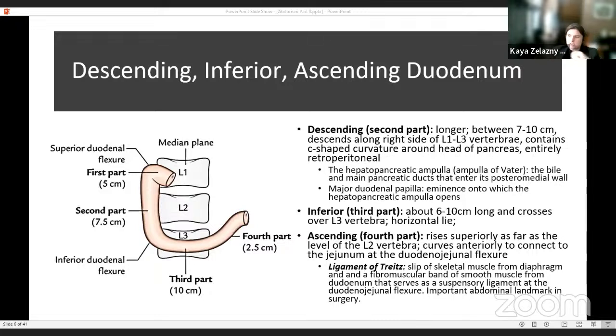And this is going to suspend that flexure between the duodenum and the jejunum. So that transition point is going to be marked by this ligament, essentially, right? And this also is a really important landmark in surgery for finding where this transition point is. And it has some functional implications too for movement of digestive products through the small intestine.